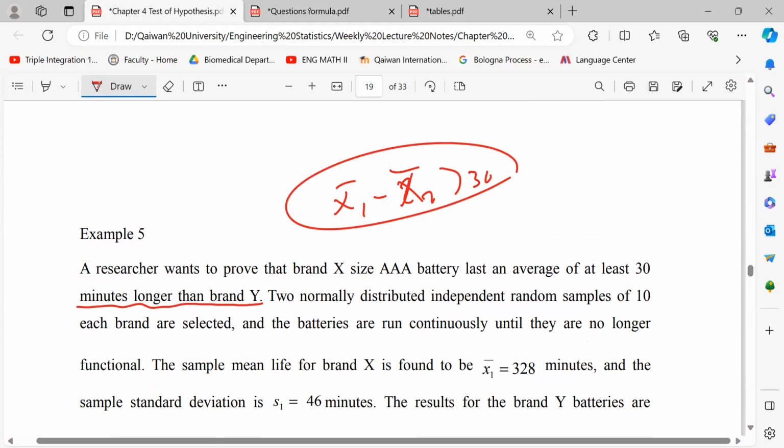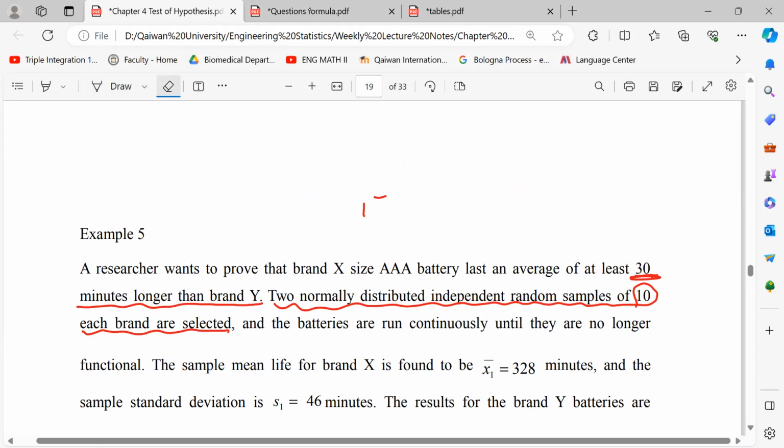Okay? At least 30. Two normally distributed independent random samples of 10 each brand are selected. That means N1 is 10 and N2 is 10. As it says, the same sample size taken from both.